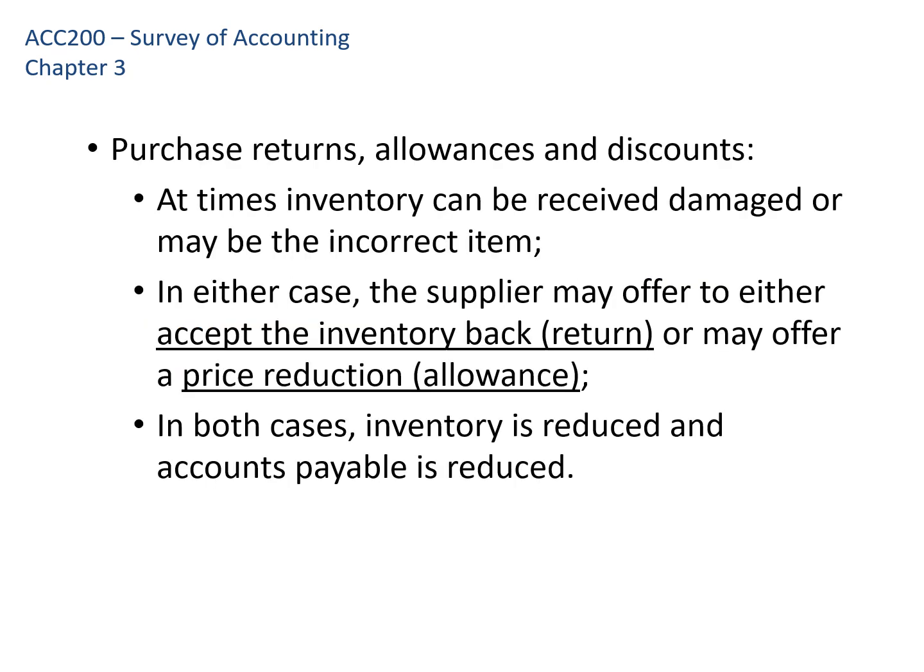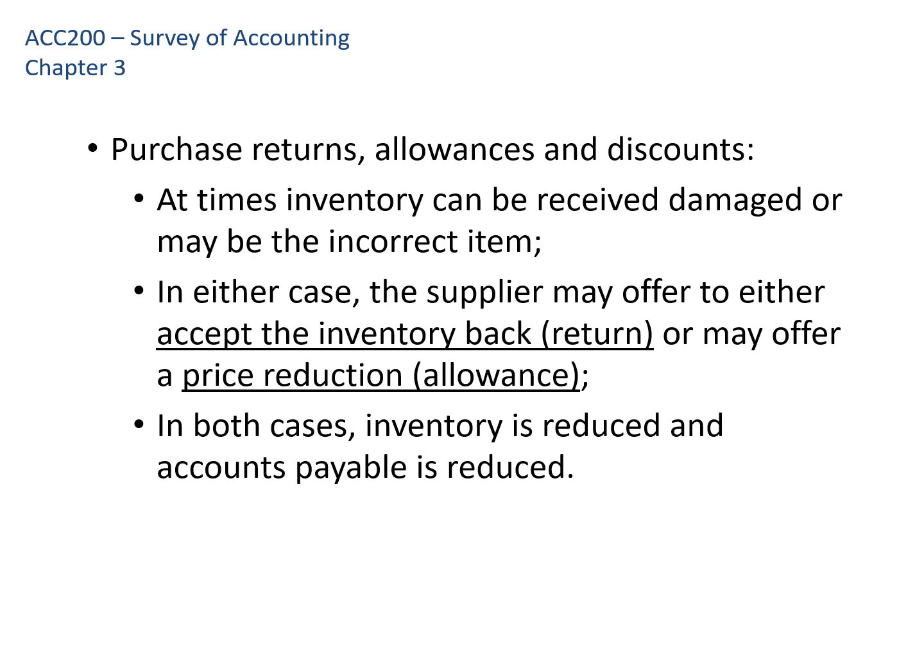So there's a couple of further things that impact our acquisition of inventory. One is purchase returns, allowances, and discounts. So sometimes when we receive inventory, it's damaged or we didn't get the right item or that sort of thing. When we contact our supplier and say, we got a problem here, the supplier can offer one of two solutions. They can either say, we'll send that inventory back and we'll give you a credit for it, or they can say, how about if we just give you a price reduction and you keep the inventory?